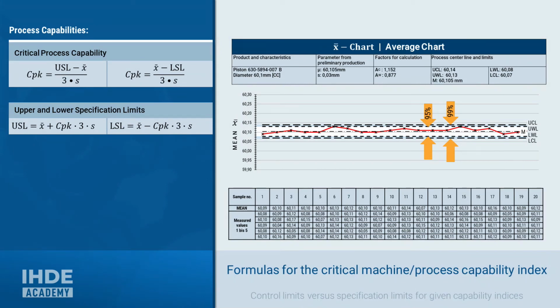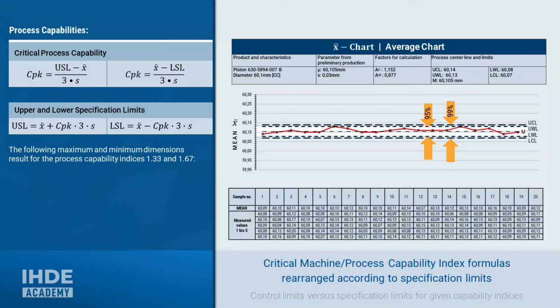So, now the formulas for the critical process capability on the left and the formulas below have been transposed so that the lower and upper specification limits can be calculated. Common critical process capability values are 1.33 and 1.67. If you want to know more about this, you should take a look at the corresponding lesson.